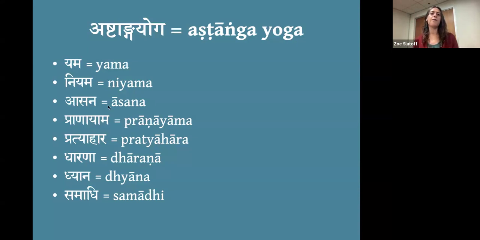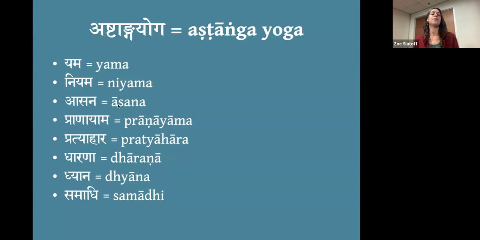But then we get to one of my favorite mispronounced words, which people often say asana. It is not asana, it is asana, because we have this long syllable here. Similarly, here we have pranayama, all long, so they get emphasis. The next one, right, asana. So yama, restraint, for those who don't know, niyama, observances, asana, posture.